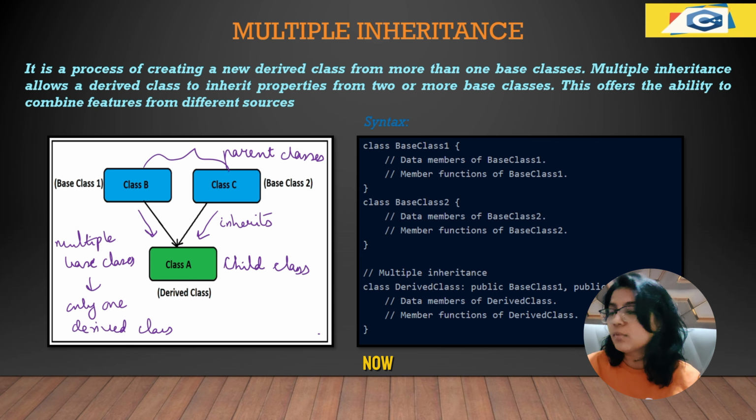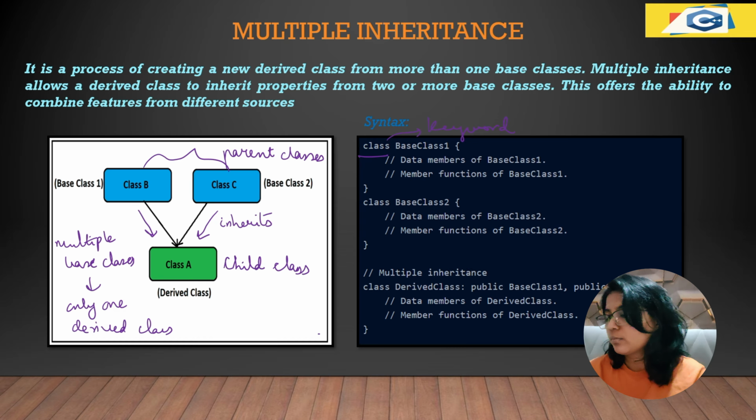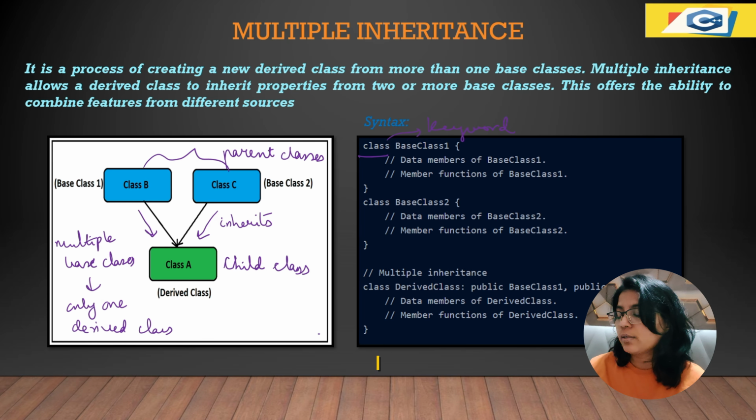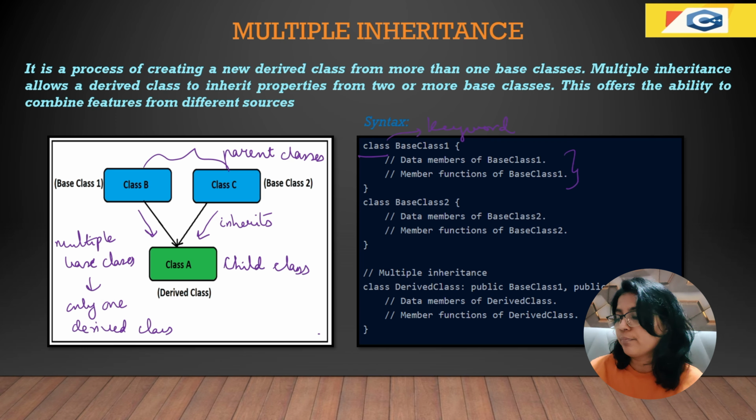Now, we will just see the syntax. The syntax is class base class 1. This class is a keyword. Base class 1 is the name of the first parent class. Then we'll have the data members and member functions inside the first base class.